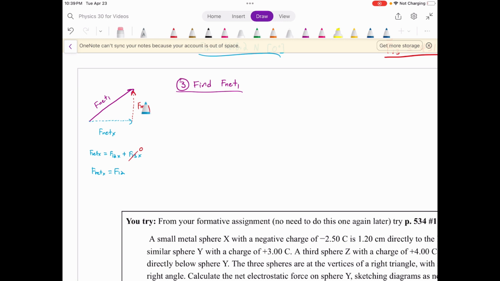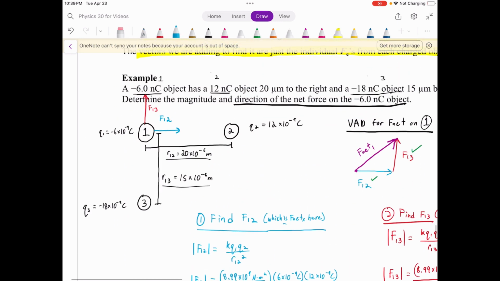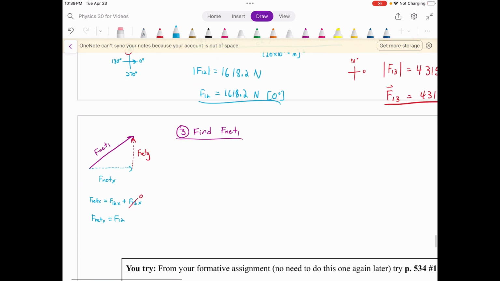And same idea here with F net y, except there's only one force with a y component, and it's all in the y-axis. Again, that won't be the case for every question you do, but you still know how to do it, right? You split them into their x and y components with trigonometry, then add those x components up to get F net x. It's just that here there was only one thing to add, and we didn't have to split it into components.